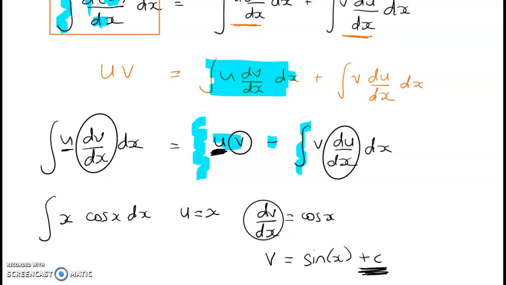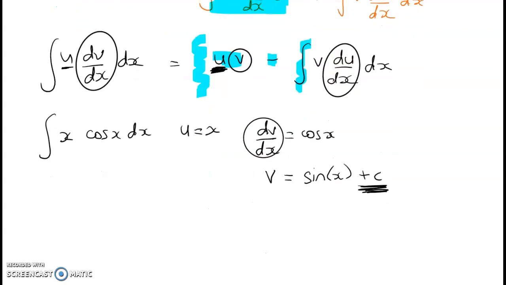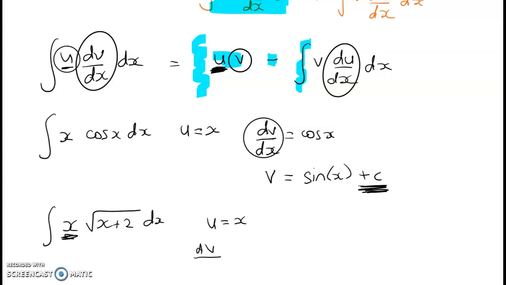Now that's 12.5 minutes. I'll just show you what we chose for u and v in the next one. So the u that we're choosing is the thing that we're leaving and then differentiating. In this case, again, we chose u as x, and we chose dv by dx to be x plus 2 to the 1/2.